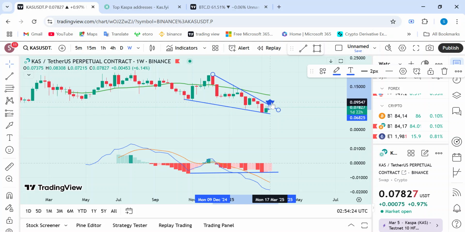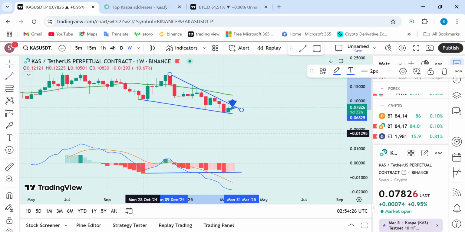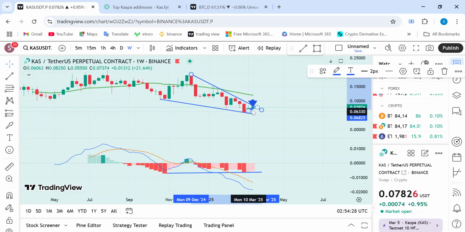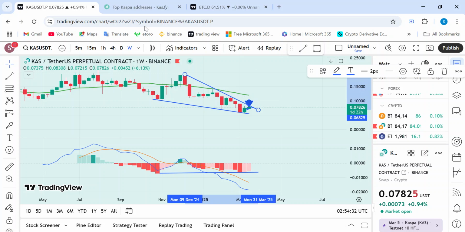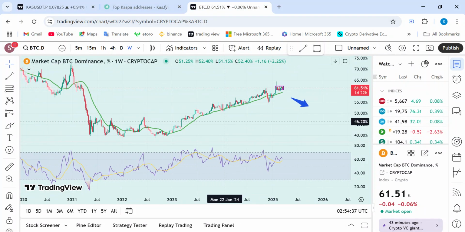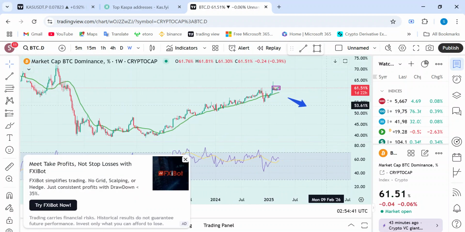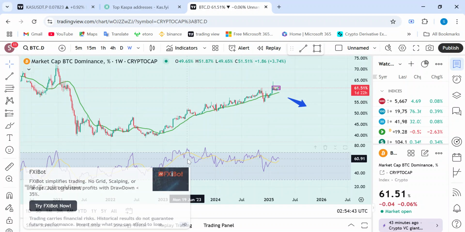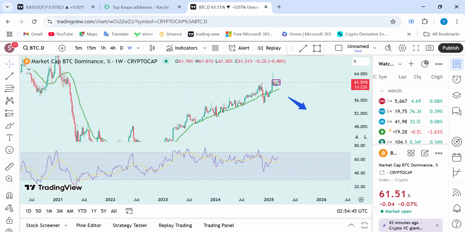As soon as we move up with conviction, it's going to catapult us quickly to that area. And I'm not worried about the Bitcoin dominance chart when it comes to the KASPA chart, because everything else, yes, they have to consider the Bitcoin chart, all the other altcoins, I mean.